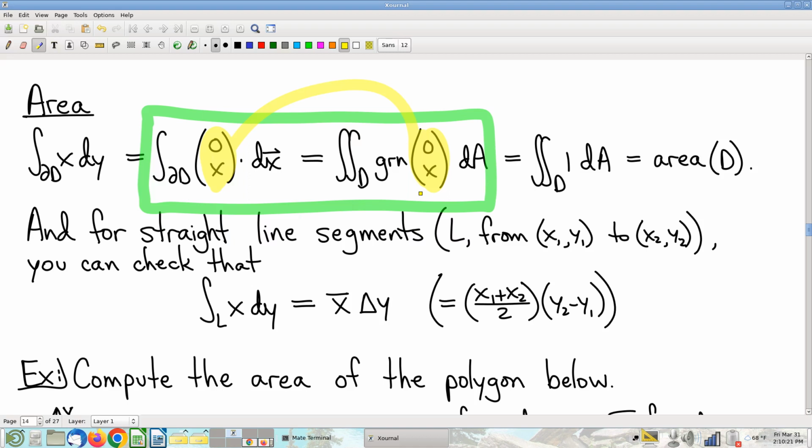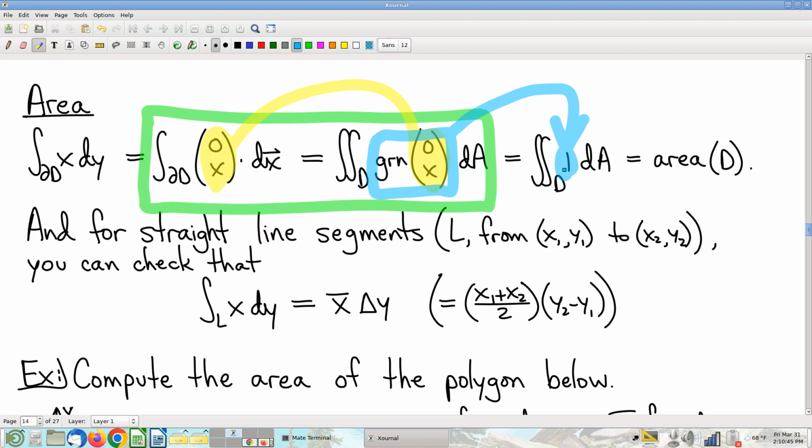And why on earth would we be interested in applying Green's theorem to that one specific vector field? The reason is kind of beautiful how this works out, but Green's operator applied to that vector field is just 1. And that's awesome.